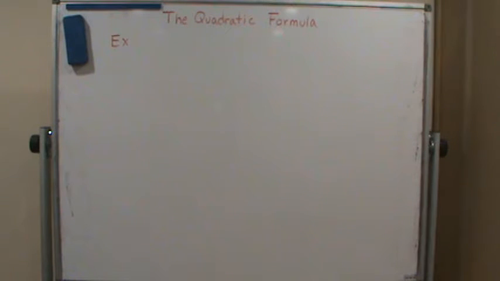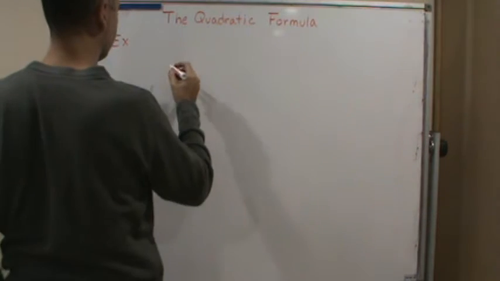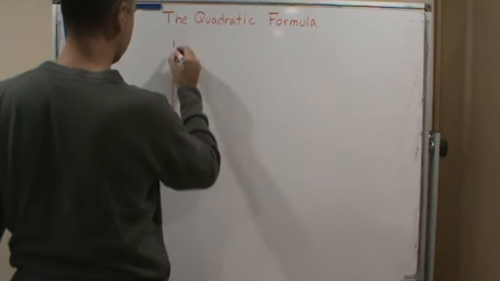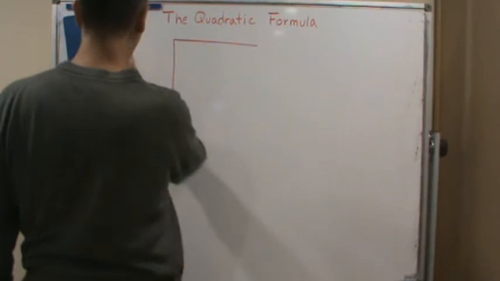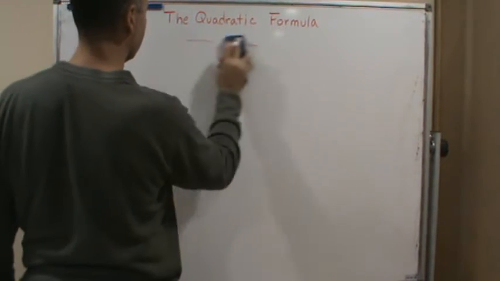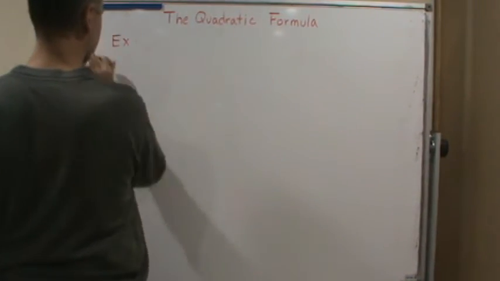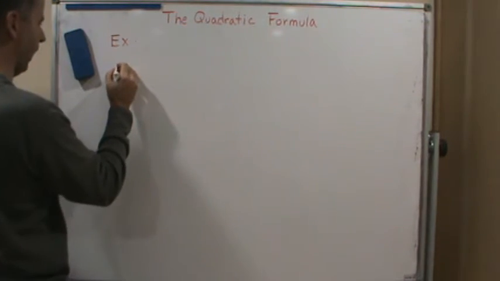So, it says a rectangular area 17 meters long, 12 meters wide. Okay, so let's write that.